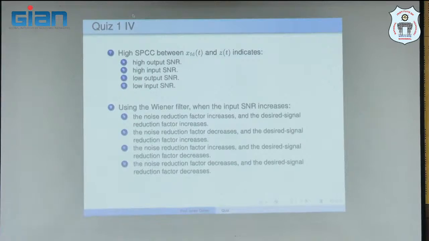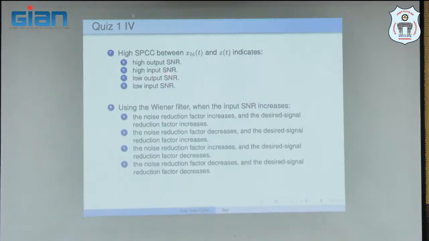7. Even if you made mistakes, it's fine, you know, it's just to practice the terms and so on. High SPCC between X filter desired and Z indicates A, B, C, D. C. Let's think about it, of course.